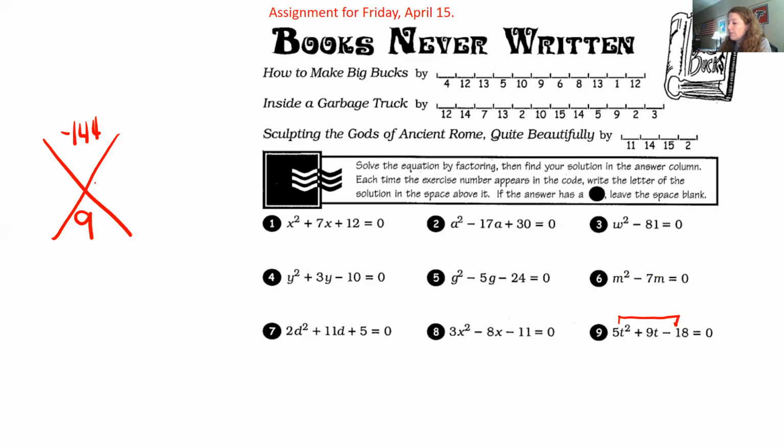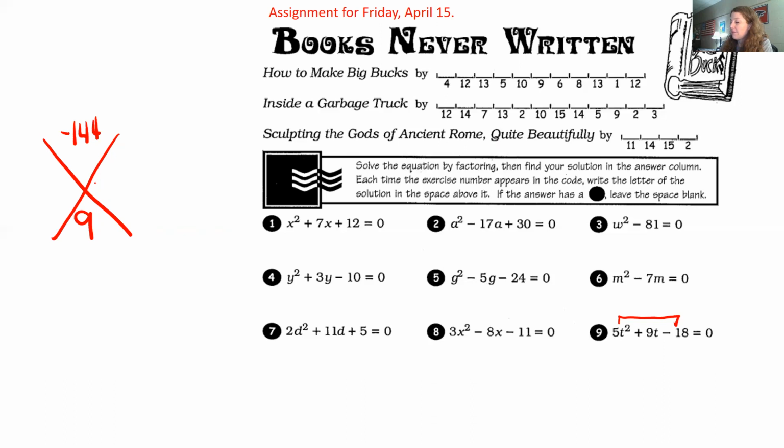How about 16? Will that work? 16 and 9? Nope, that doesn't work. How about 18? That doesn't work. How about 13? No. How about 22? Nope. How about 23? 19? 21? 17?